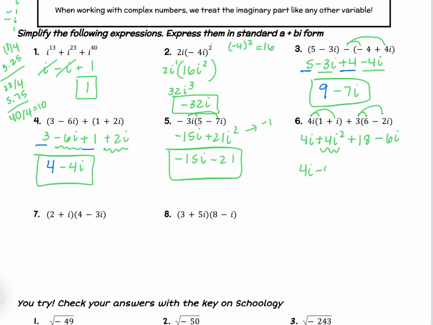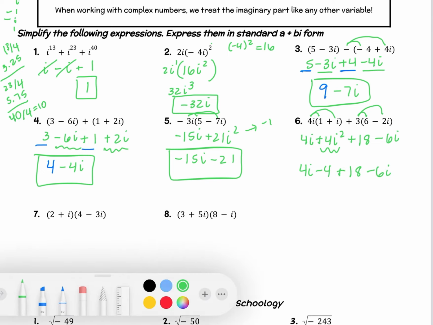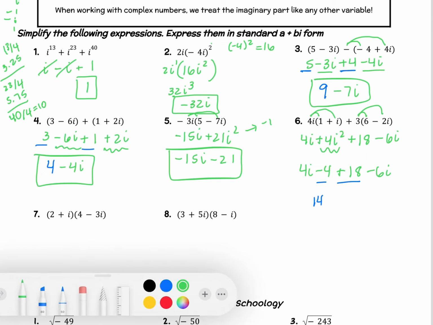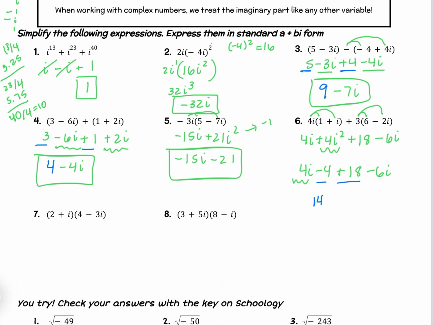So we're going to have minus 4 plus 18 minus 6i. And then we're just going to combine like terms. So we have negative 4 plus 18. So that's going to be 14. And then we have our i term. So we have 4i minus 6i. So it would be minus 2i.